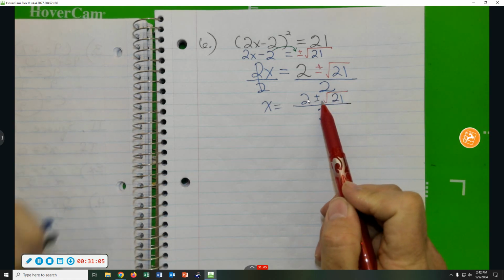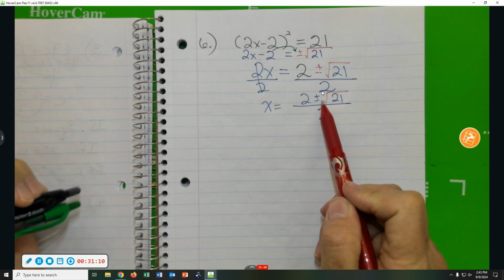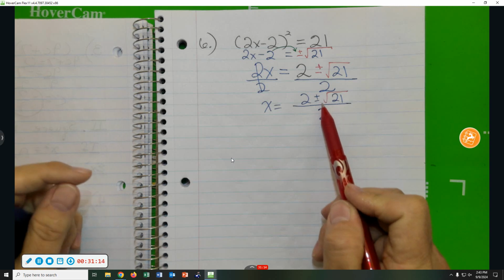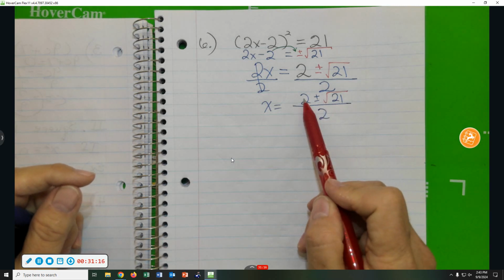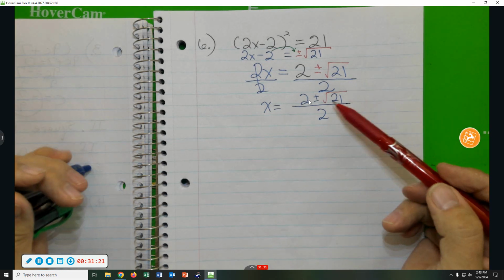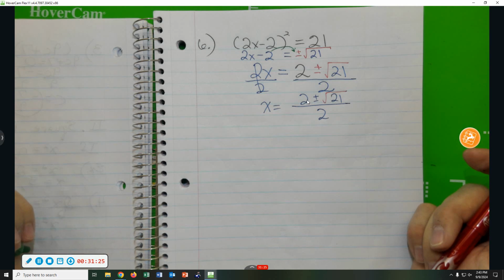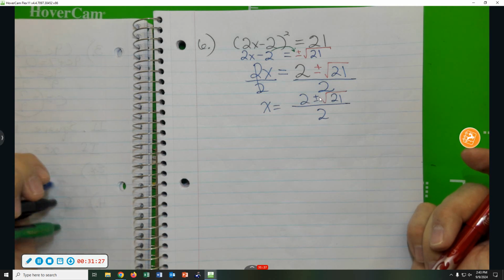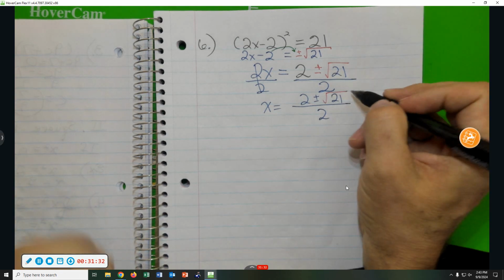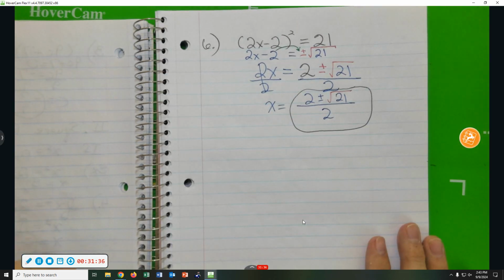I don't see a coefficient on this radical, so if there's no coefficient, you assume it's a 1. 1, 2, and 2. What's the only positive integer that divides evenly into 1 and 2? No, 2 doesn't go evenly into 1. I think 1. You can't reduce this any further. This is reduced as far as it can be.